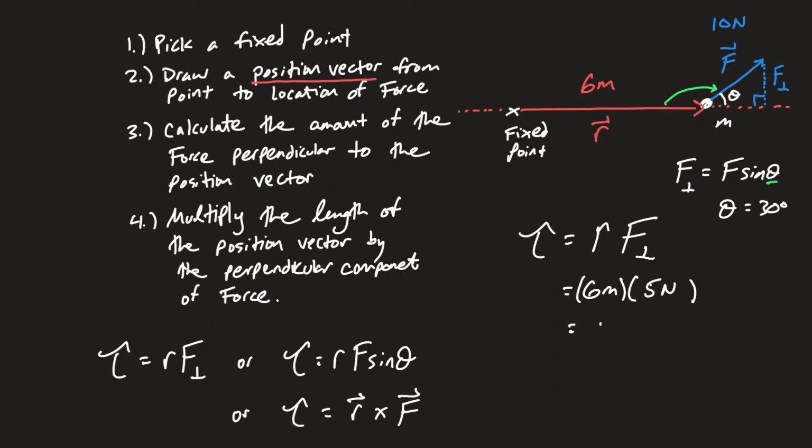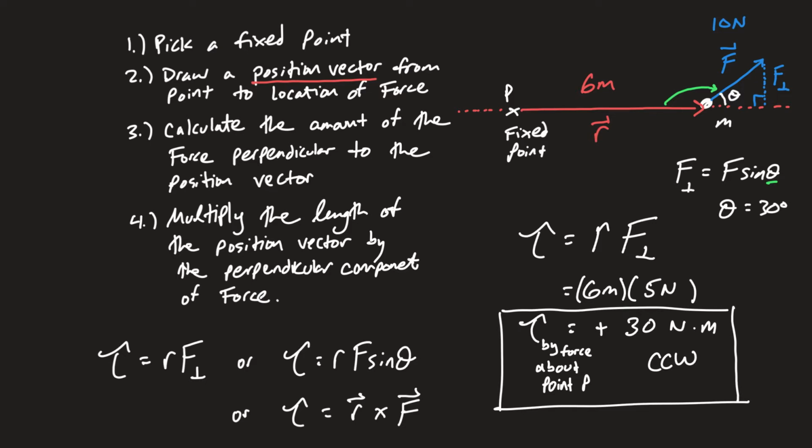And this would be positive 30 newton meters of torque that is exerted by the force about, and we can give this point a name, call it point P, about point P. All right. So the 10 newton force exerts 30 newton meters of counterclockwise torque about point P.